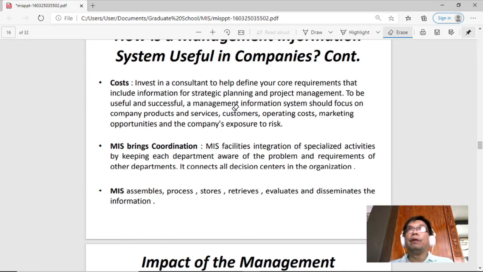Let's say, for example, the graduate school with the registrar, the graduate school with the cash section. If we have an MIS, we have centralized data, and that will bring coordination.